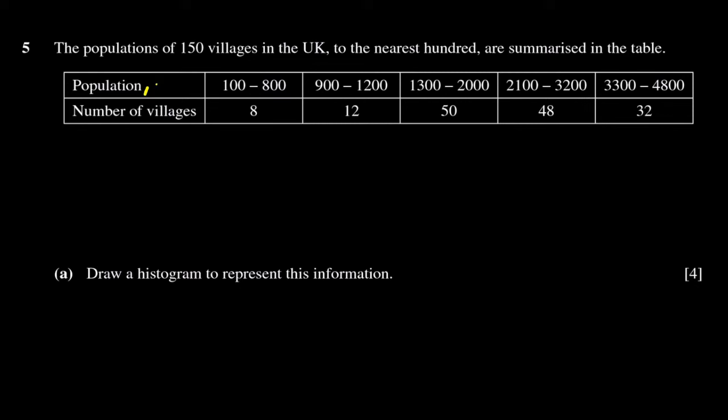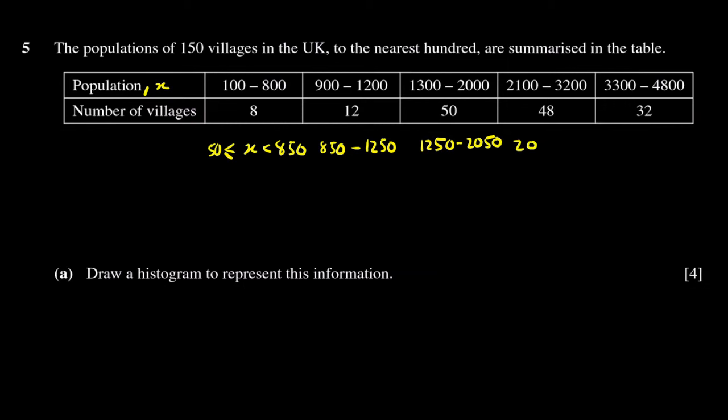So if population is the variable x, then what this means is that x is between 50 and 850. This one is 850 all the way up to 1,250. This one is 1,250 all the way up to 2,050.